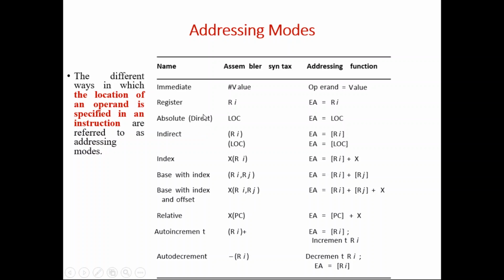Absolute address mode is also called direct address mode. Then indirect address mode. There are two types of indirect addressing: one is register indirect, another one is memory indirect address mode. And then index addressing mode, base with index addressing mode, base with index and offset addressing mode.